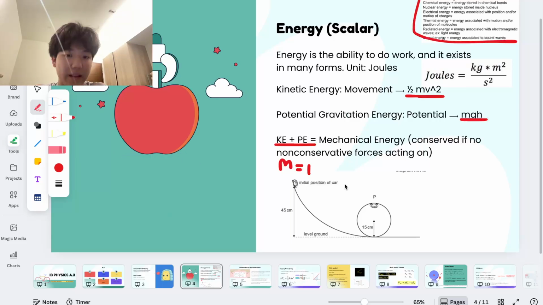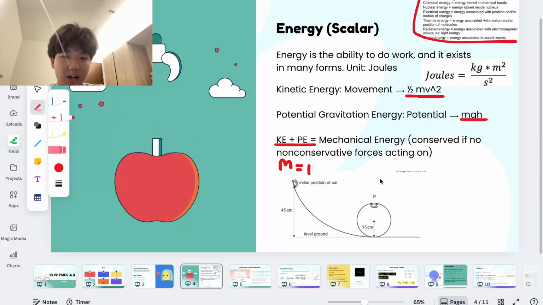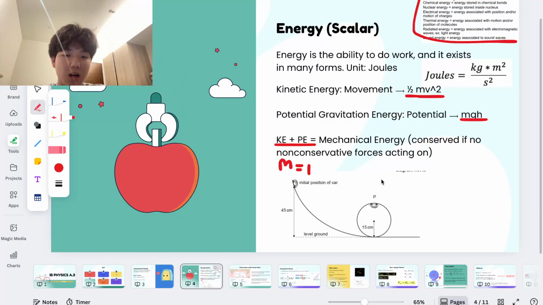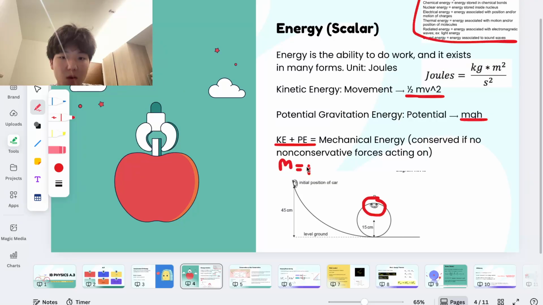So let's do this question real quick. Knowing that the mechanical energy needs to be constant throughout the entire scenario at every point, if we want to find the velocity at point P, we can equate these two mechanical energies together.